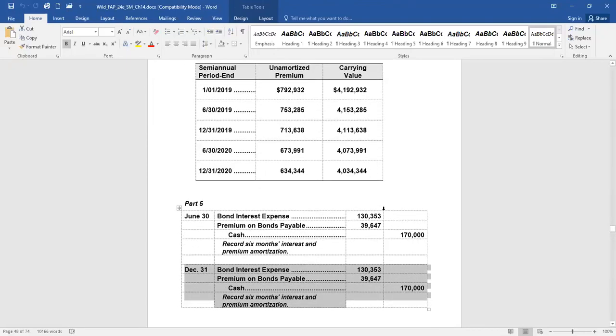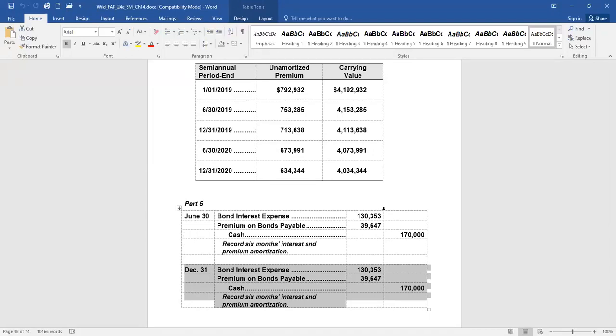The same thing happens at December 31st. We go from a 753,285 premium on bonds payable balance, decreasing 39,647. You're now at a balance of 713,638. The carrying value of the bond is also decreasing.